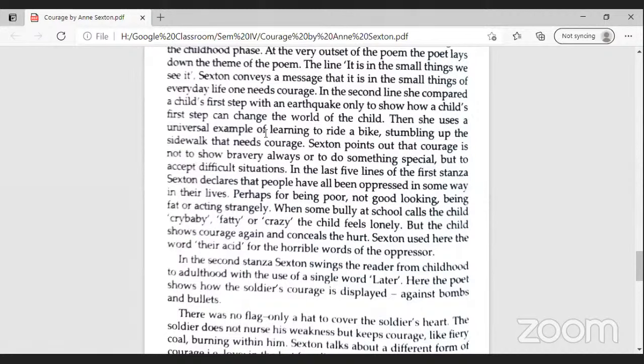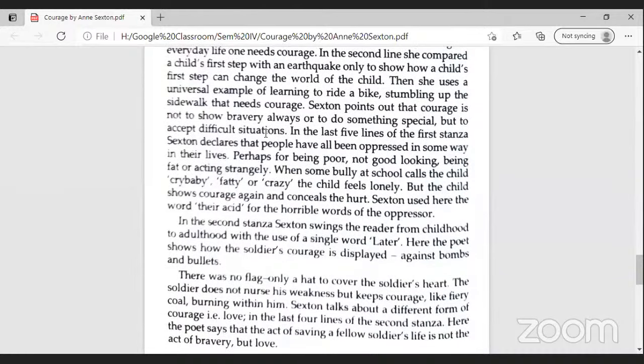situations. In the last five lines of the first stanza, Sexton declares that people have all been oppressed in some way in their lives, perhaps for being poor, not good looking, being fat, or acting strangely.